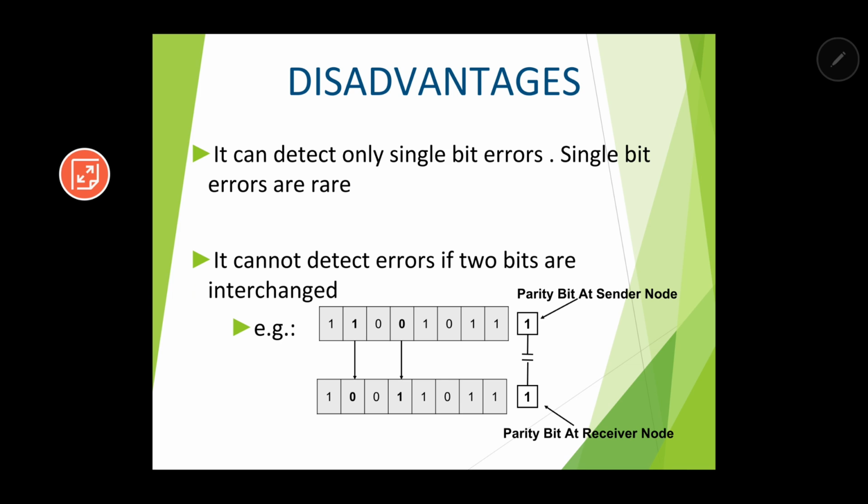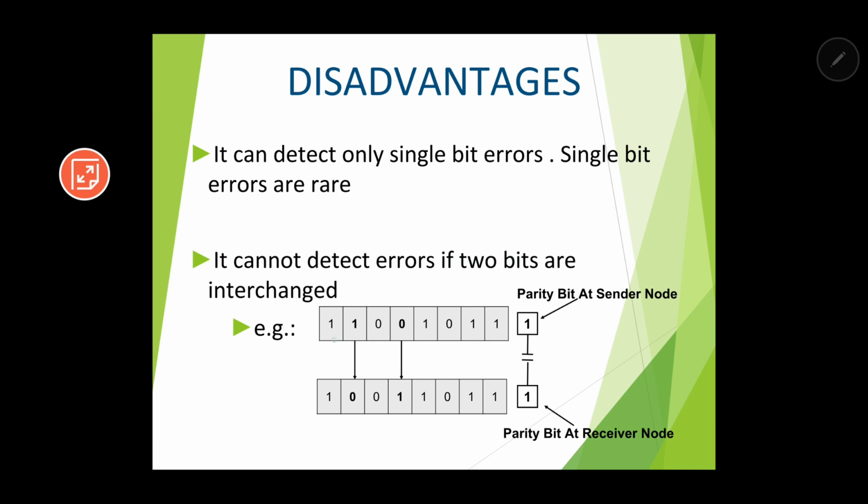So when data is being sent from sender to receiver, generally errors do not occur only in a single bit, or errors most often occur in more than one bit. So if error occurs in more than one bit, single dimensional parity checking will not be able to detect it. And the second disadvantage is that it cannot detect errors if two bits are interchanged.